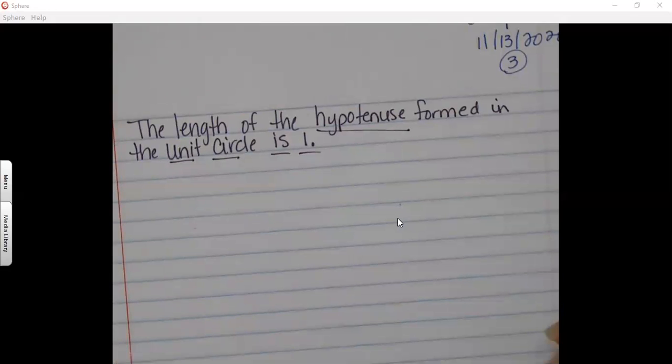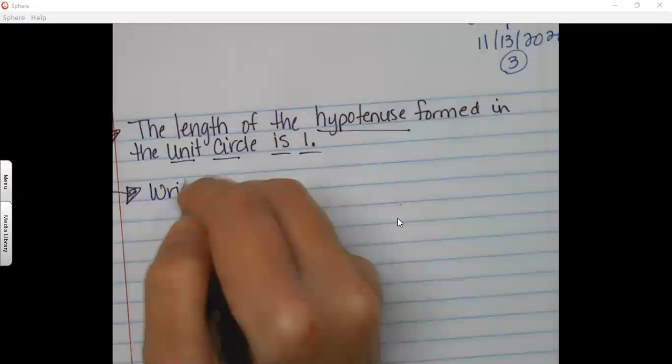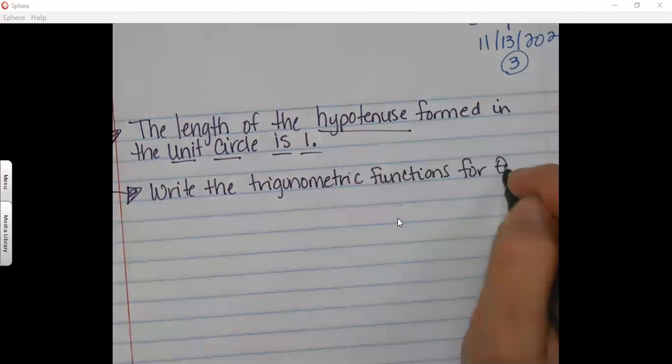Now we're going to write the trigonometric functions for theta in the unit circle.